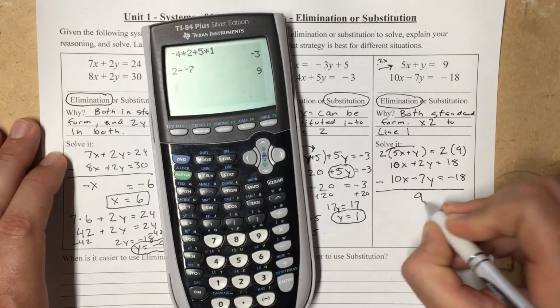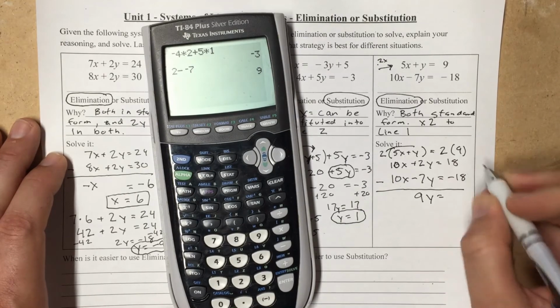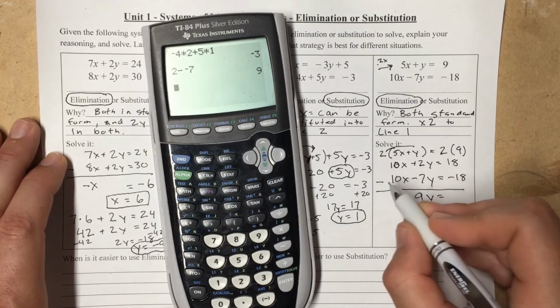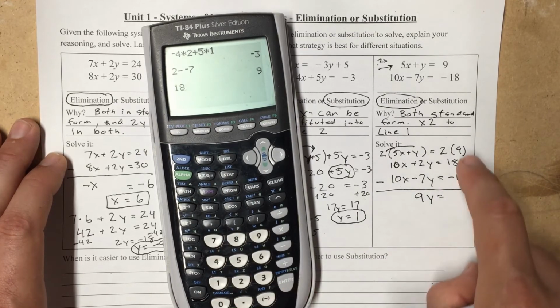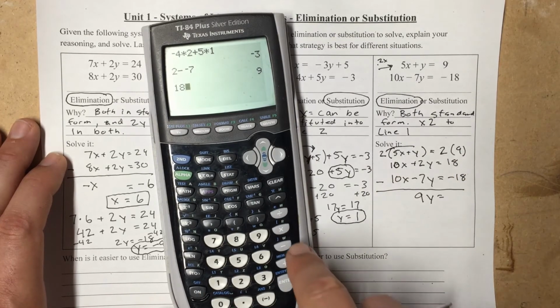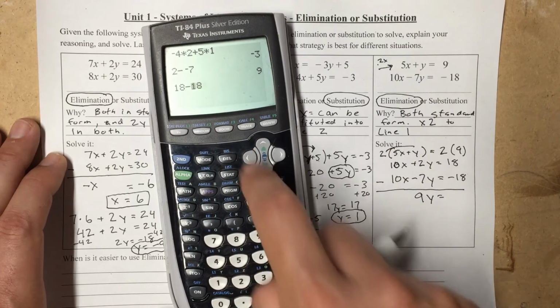So this becomes 9y is equal to, again, we have 18 minus a negative 18. This is like a double negative situation. Don't think that's 0 because you are subtracting. Minus negative 18.